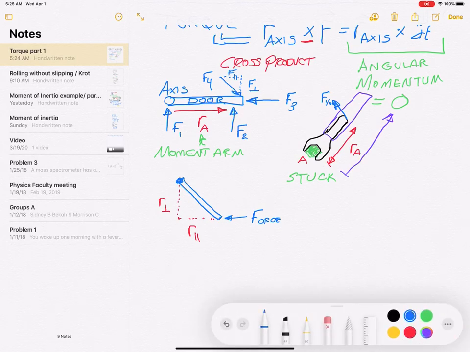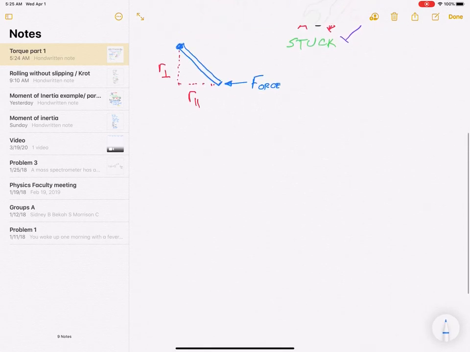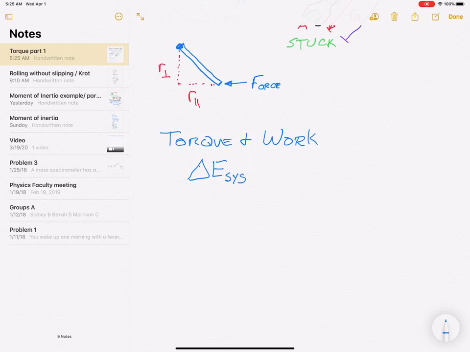The next thing I wanted to deal with torque was torque and work. So we have our old, very friendly buddy, our old equation involving energy of a system, and that's going to equal work.